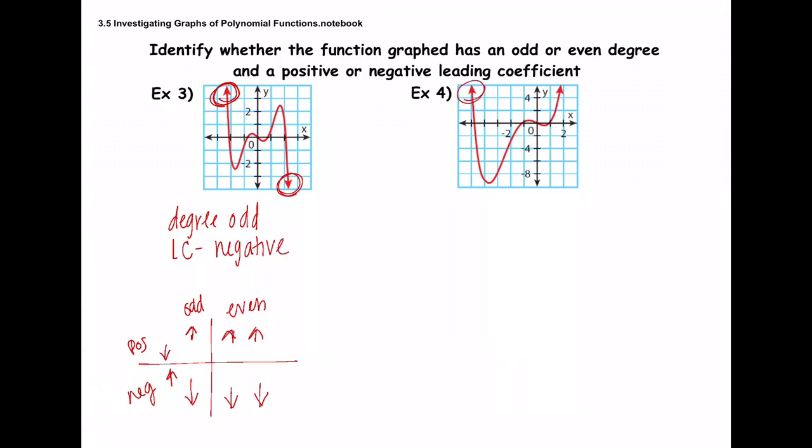In example 4, looking at my end behavior, both are doing the same thing, which tells me my degree is even. My leading coefficient, if both of my arrows are pointing up, is positive. Memorizing this picture is super important.